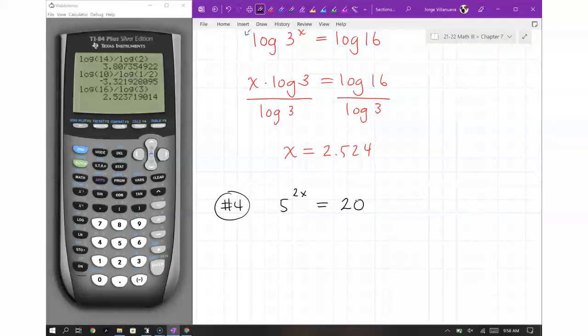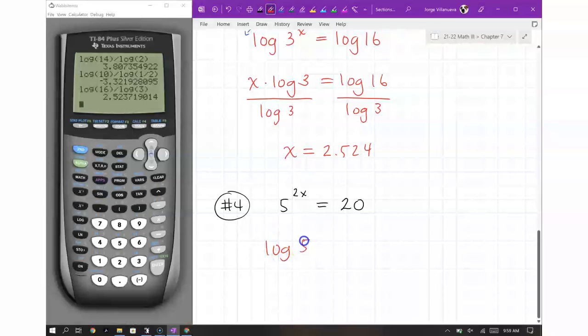But not much. So again, I can't write 20 as a base 5. It's not 5 to the first, it's not 5 to the second, it's not 5 to the third. So I have to trick the problem into doing what I want. I'm going to use logs to rewrite my problem.